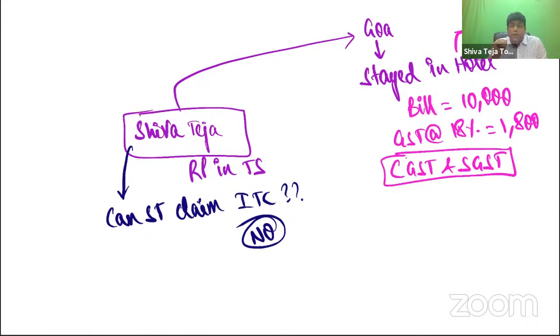So from hotel point of view, place of supply is Goa and supplier is in Goa. Now, when location of supplier is Goa, place of supply is Goa, definitely that hotel will charge CGST and SGST. I cannot ask the hotel, please charge IGST. They'll definitely charge CGST, SGST. No doubt about it. And I cannot even request, and they'll not listen to me, because it is their responsibility to correctly determine place of supply. I'm sure your doubt is clarified.